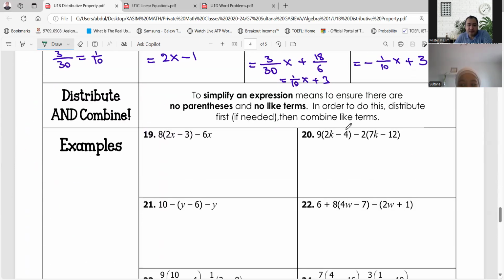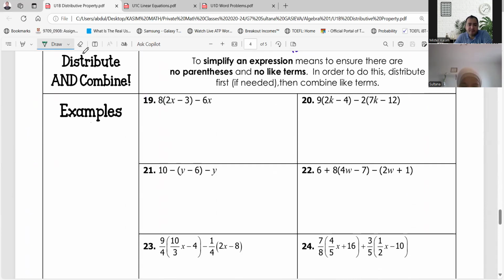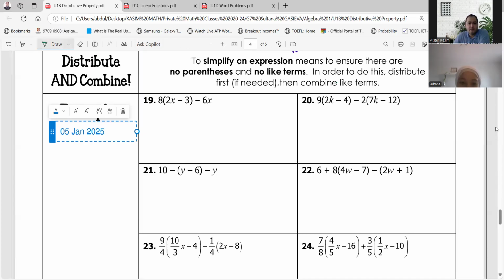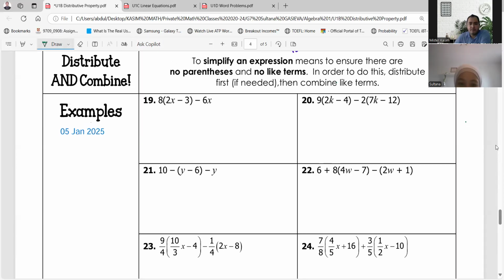Okay, now let's continue. Can you read distribute and combine? To simplify an expression means to ensure there are no parentheses and no like terms. In order to do this, distribute first if needed, then combine like terms.